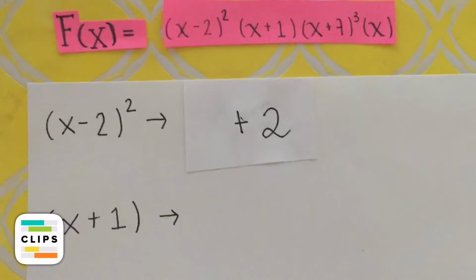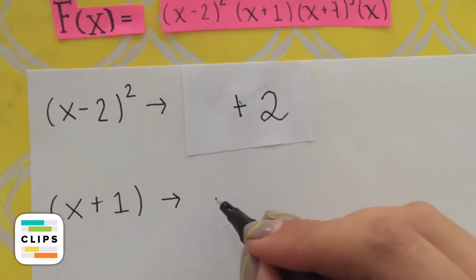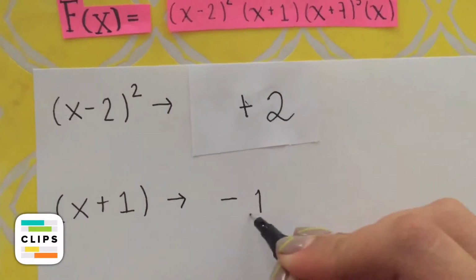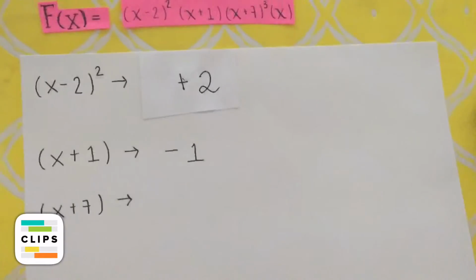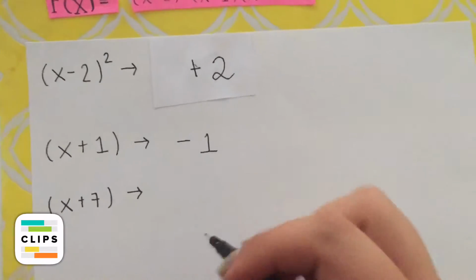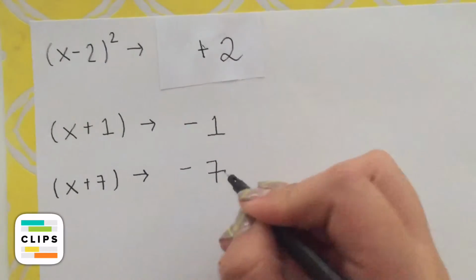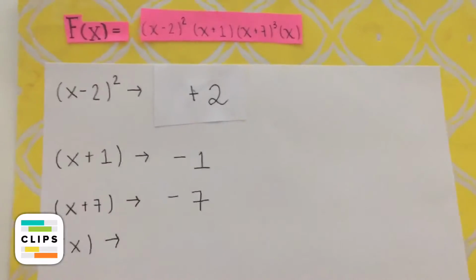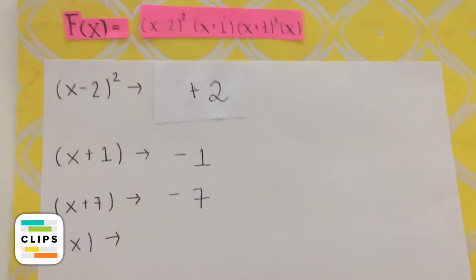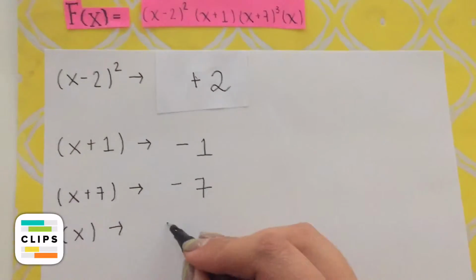This means you have an x-intercept at negative 1. This is an x-intercept at negative 7. And our x in the front, or the back, or anywhere really, is an x-intercept at 0.